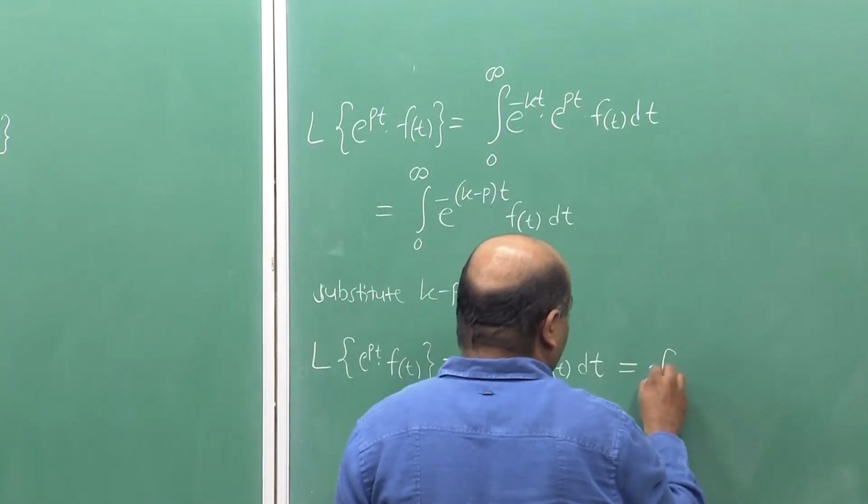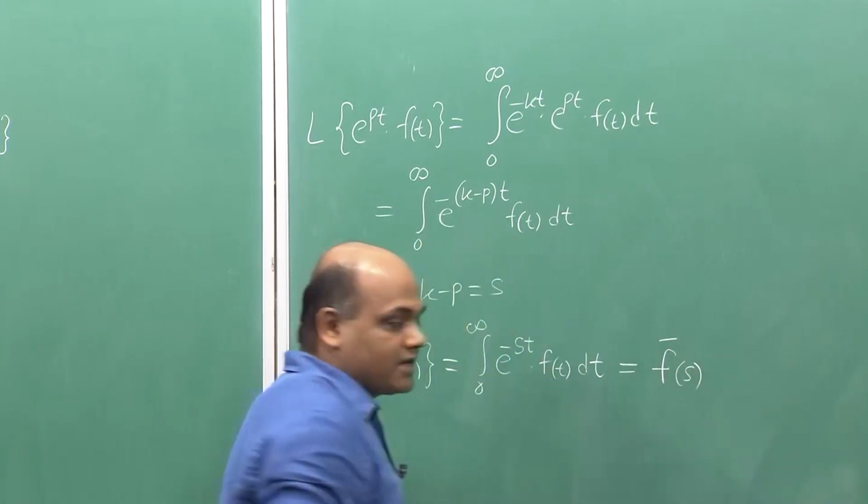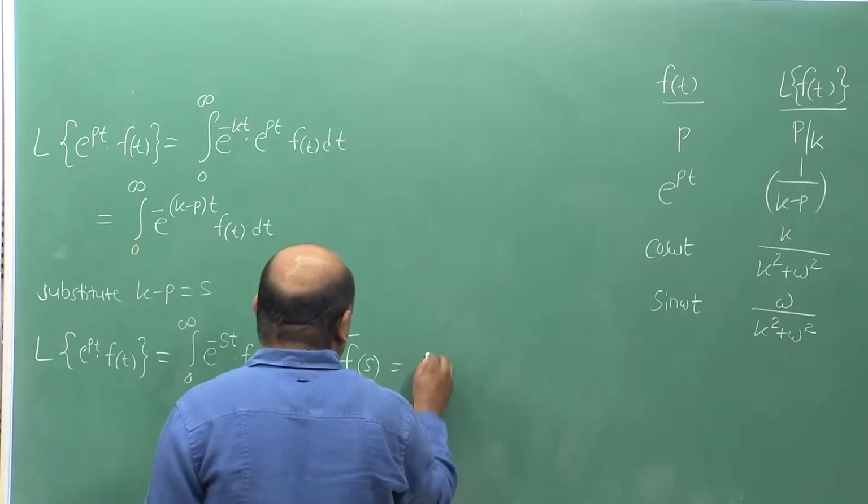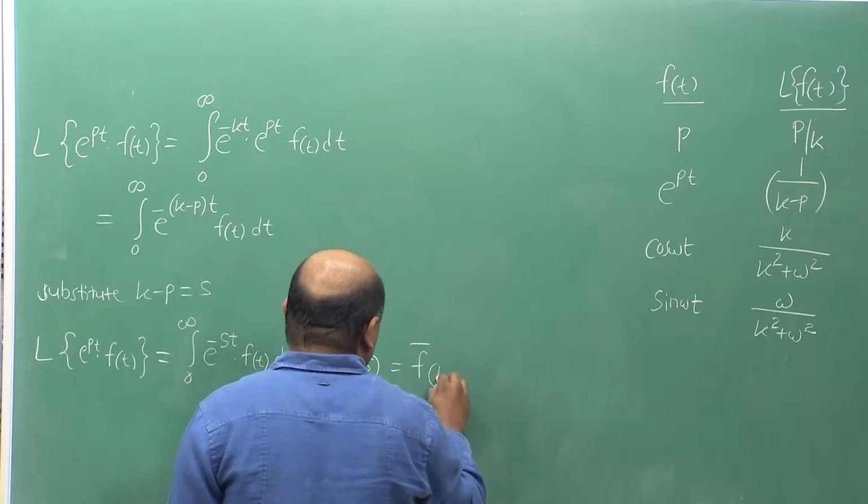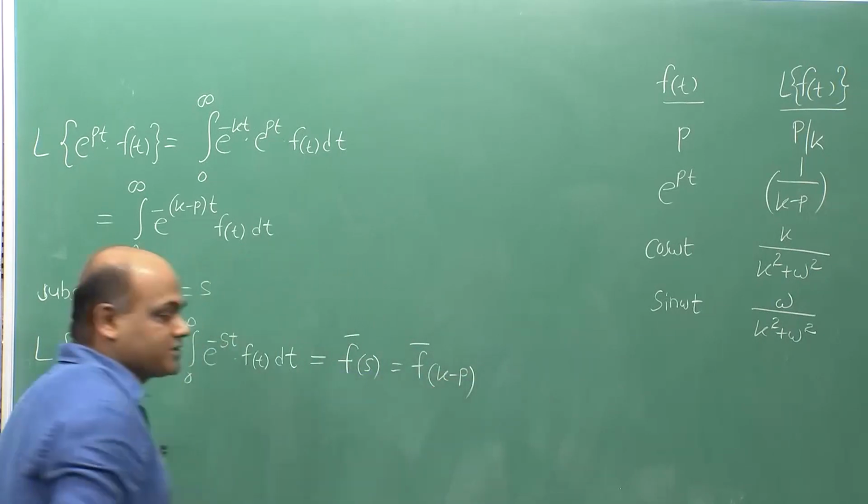So, this would be f bar of s, and s is nothing but k minus p. So, this is f bar of k minus p.